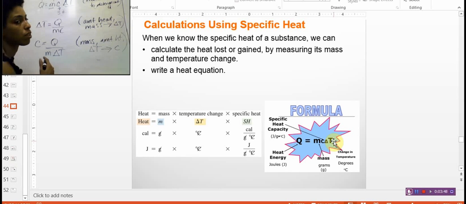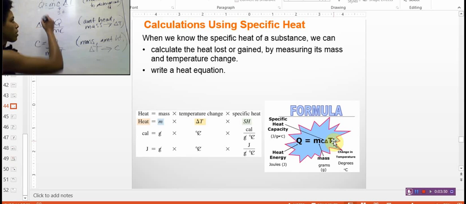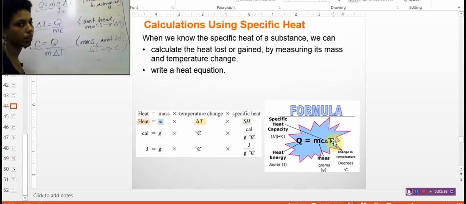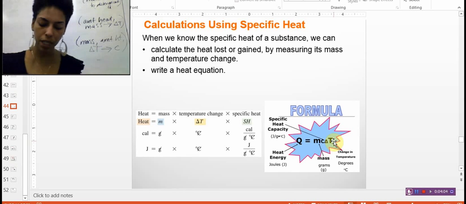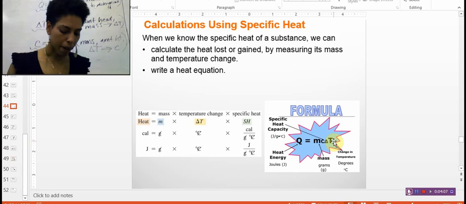Okay, so you can use this equation to determine the amount of heat gained or released, the change in temperature, or we can calculate the specific heat if we have experimental values.